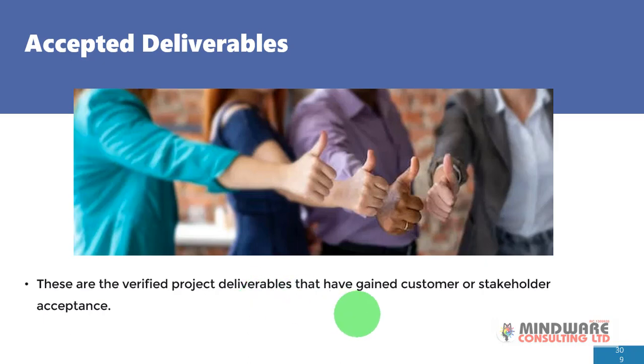So this is worthy of note. Not only the customer but also the stakeholders have to be sure that the deliverable has actually met their requirements, and then they can now accept the deliverable.